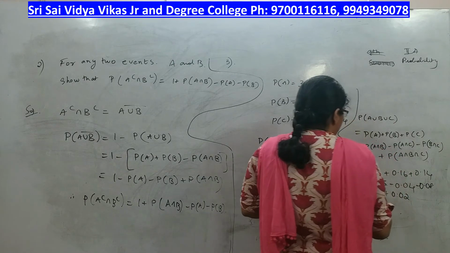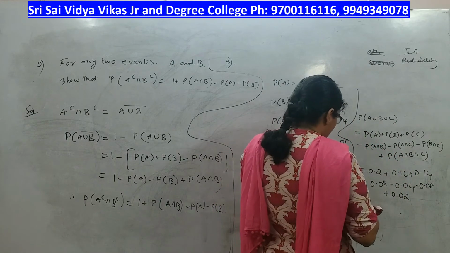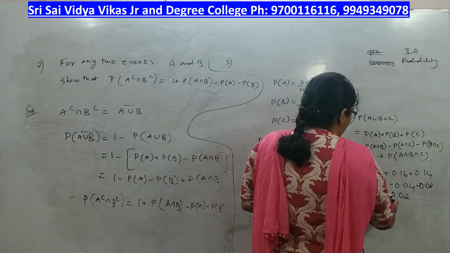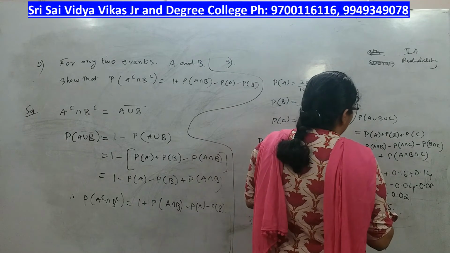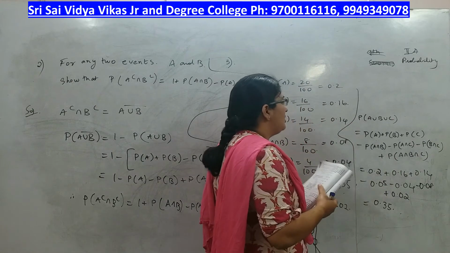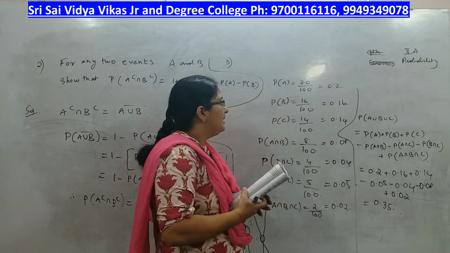You add all these and subtract. If you solve this, you will get 0.35.